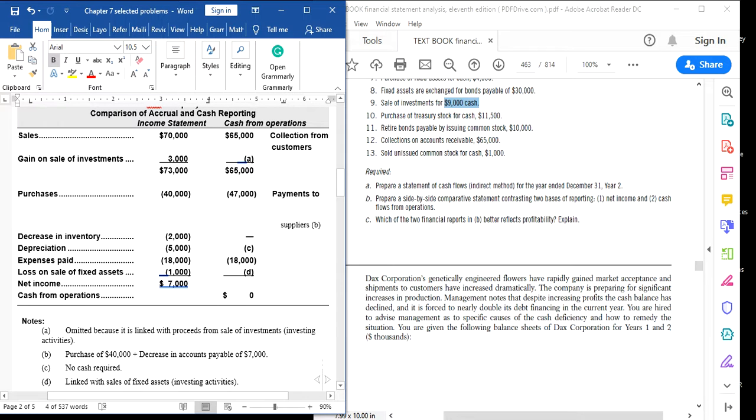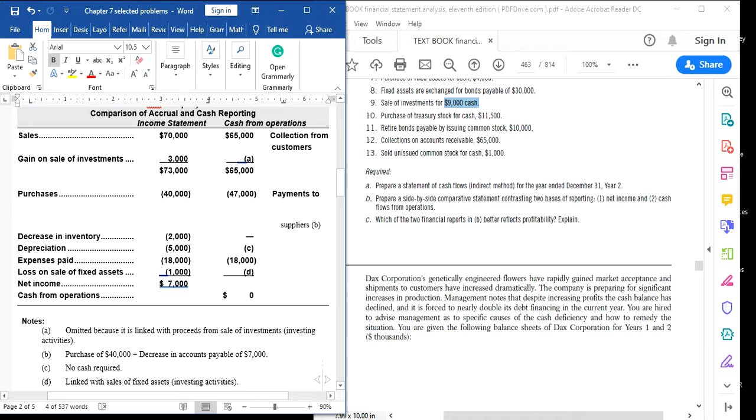It's omitted because it is linked with the proceeds of sales in investing activities. So it is not in the accrual basis comparison to the income statement. We don't include it here.